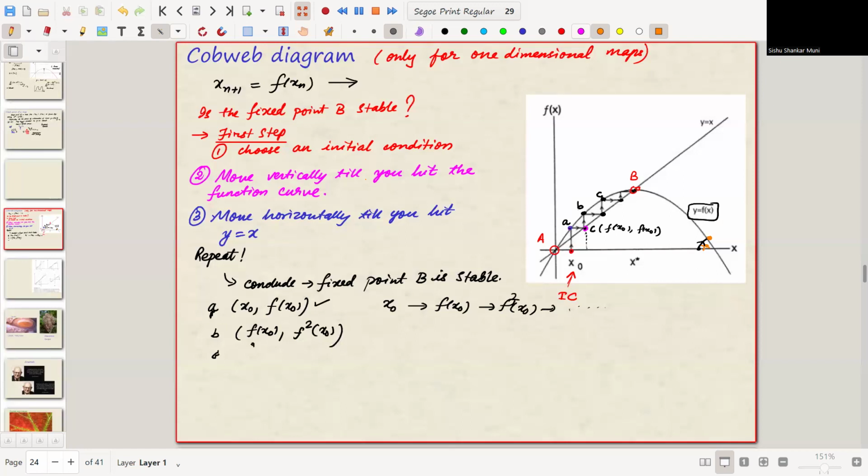So the cobweb actually helps us to evaluate the orbit, or the further iterates, of x naught. Got this idea? If you understand this orange line, then you understood this method properly.